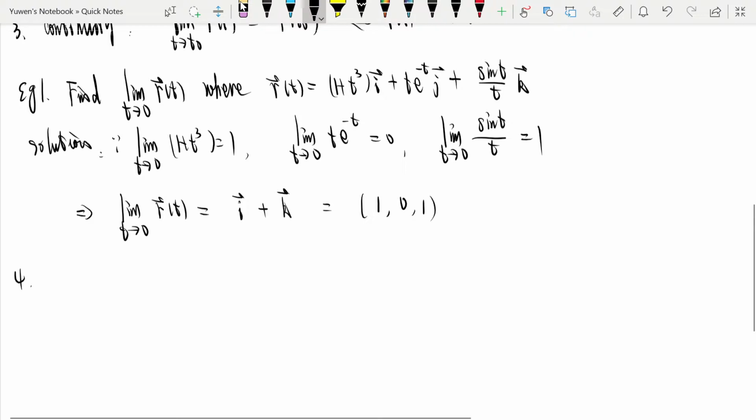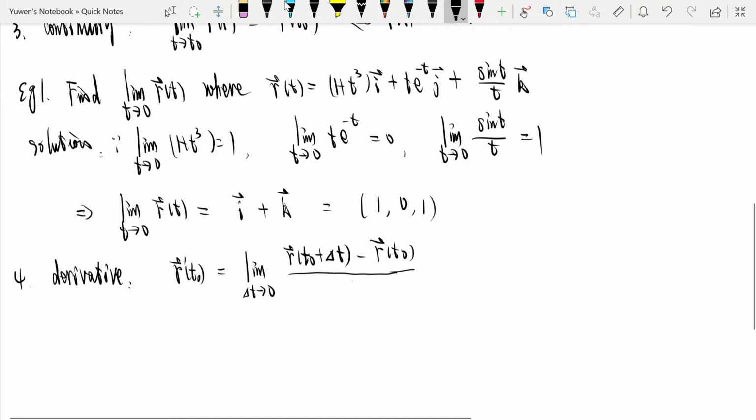The fourth is the derivative. We write r prime of t naught as the limit as delta t tends to 0 of r(t naught plus delta t) minus r(t naught) over delta t, or written as the limit as t tends to t naught of r(t) minus r(t naught) over t minus t naught.